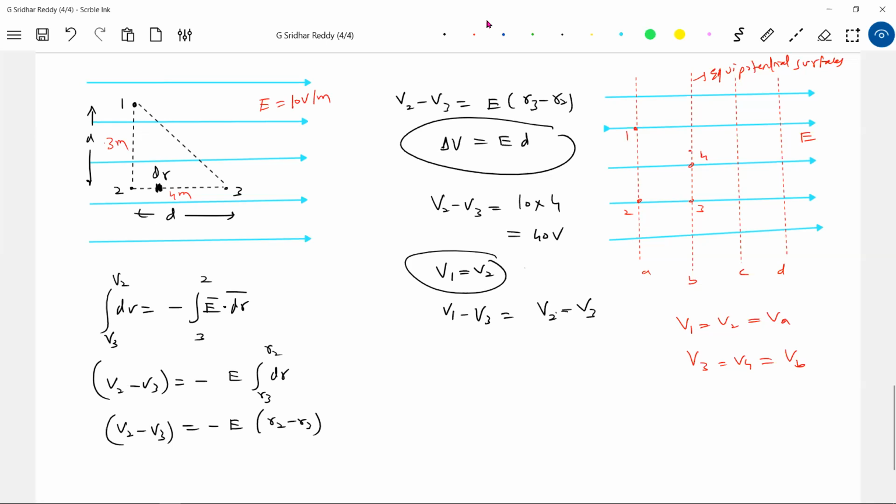Let's analyze this problem. The potential difference V23 is equal to V24. Similarly, it is also equal to V14, and also equal to V13. The distance is just R3 minus R2. You calculate from a reference point somewhere here, R3 and this is R2. R3 minus R2 should be equal to d, no?